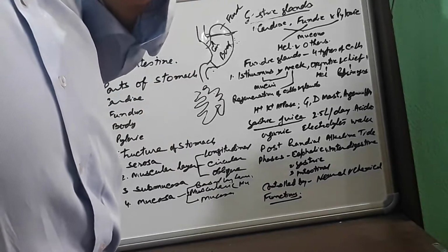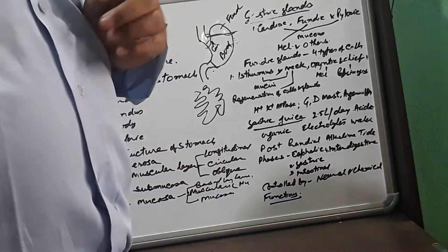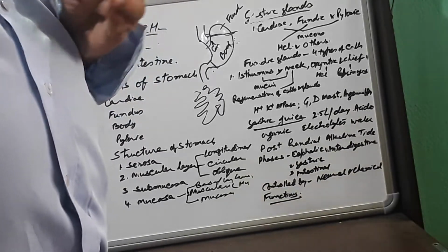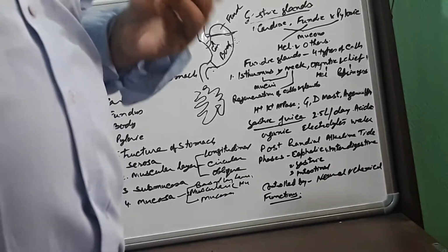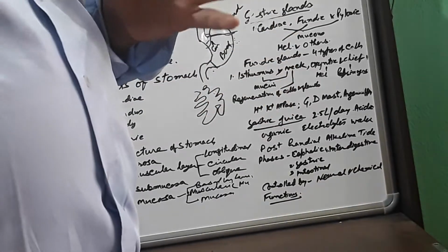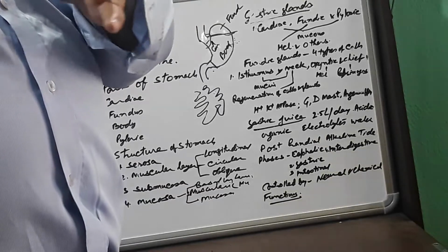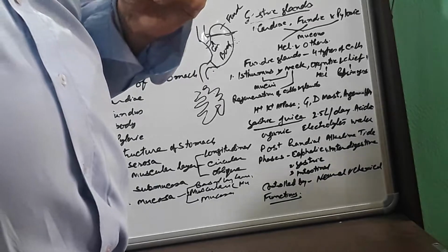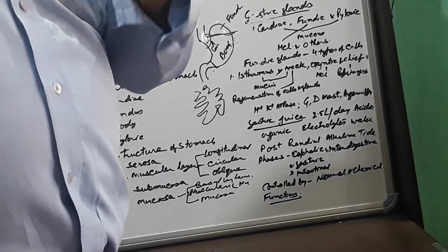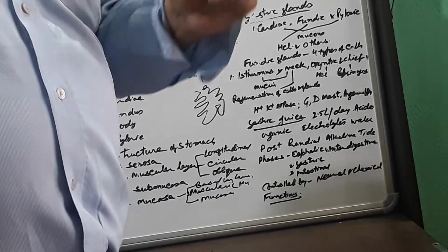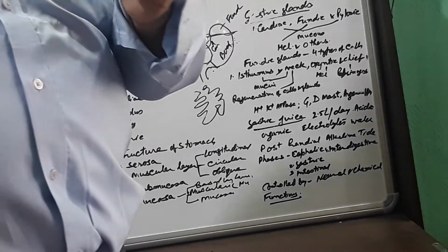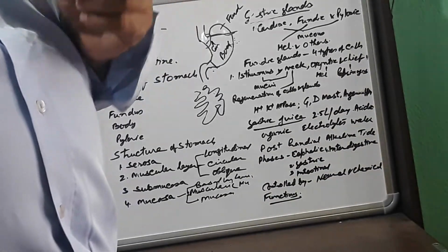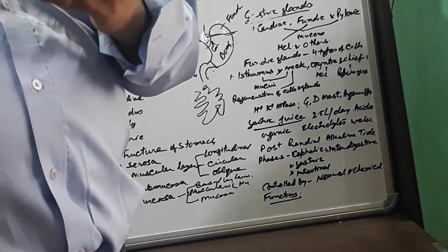Functions: number one, storage and digestion. Number two, bactericidal effect by hydrochloric acid. It helps in absorption of vitamin B12 by production of intrinsic factor of Castle, which combines with the extrinsic factor of Castle, and this coupling is very resistant to enzymes and acid. It comes to the terminal part of the small intestine, where vitamin B12 is absorbed.